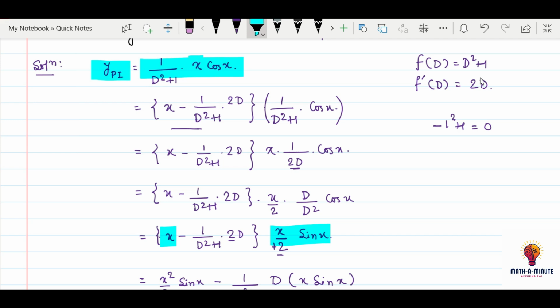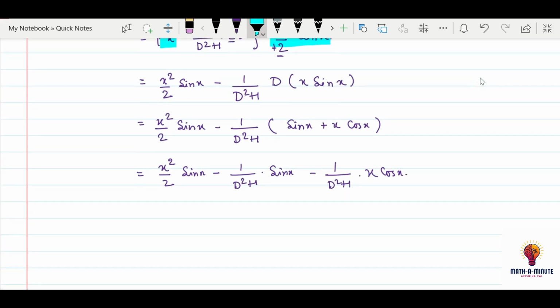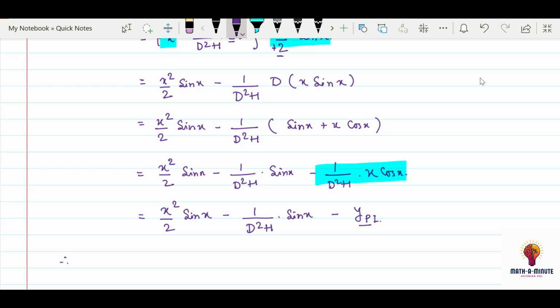So in this calculation, in place of this, we can write YPI. In the next step, we can write x square by 2 sin x minus 1 by D square plus 1 sin x minus YPI. So 2 into YPI equals x square by 2 sin x minus 1 by D square plus 1 sin x.